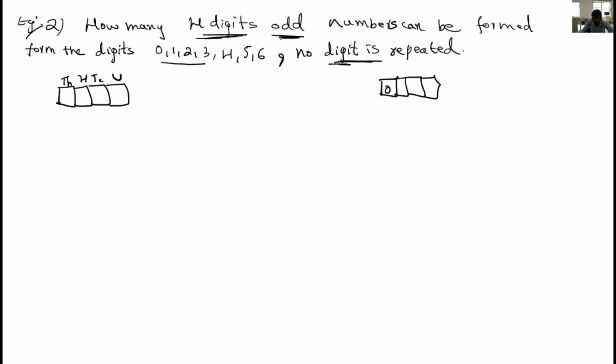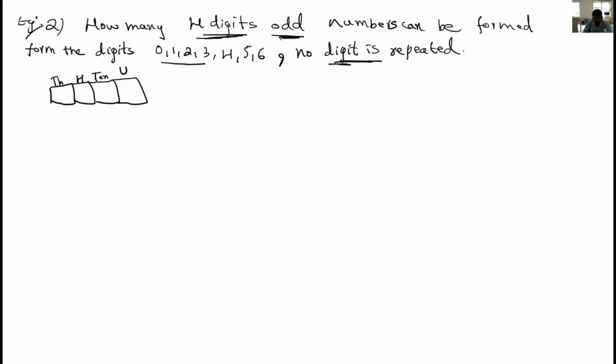Here I will put 0, then here I will put 1, then 2, then 3. Is it a 4-digit number? I am taking 0 in the first position, thousands place. That time see, this is not a 4-digit number. This will become only a 3-digit number. By this we are clear, right? For thousands place, 0 is not possible.